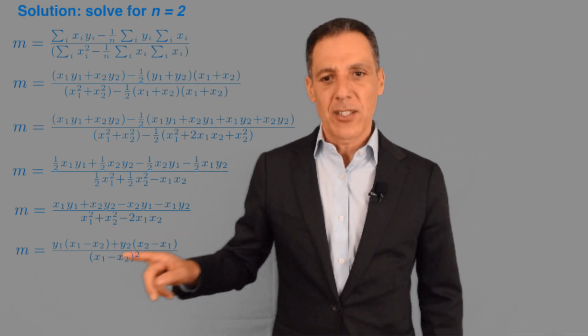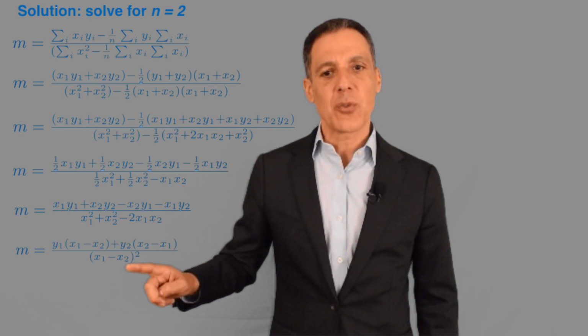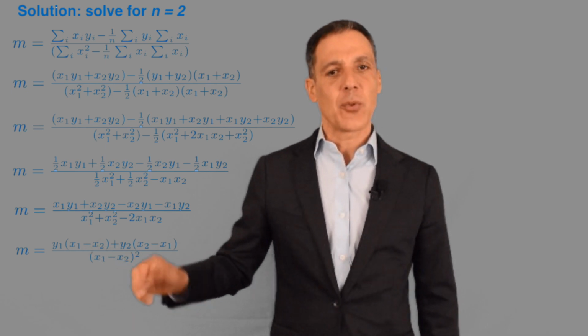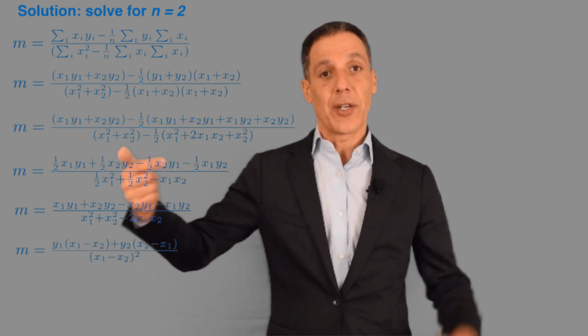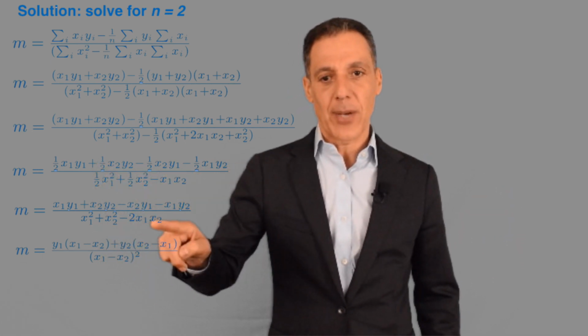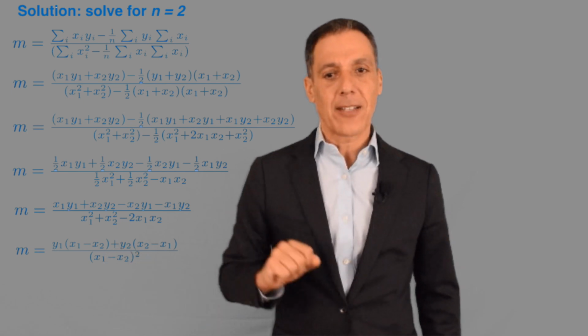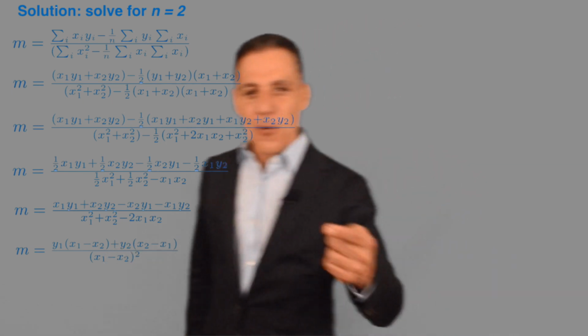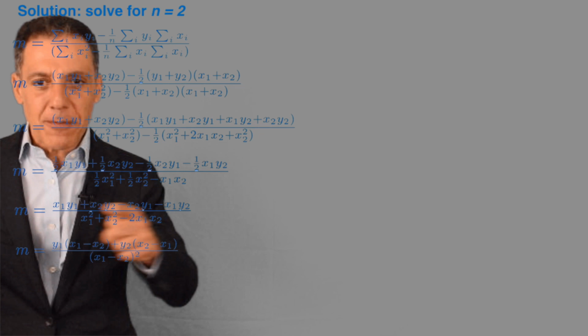What is the denominator? Well, of course, it's just x1 minus x2 squared. Why? x1 minus x2 squared is x1 squared plus x2 squared minus 2 times the cross product, the product rather, and that's what I have here. So I'm going to factor that out. And as I said before, up top, I've got some common factors here.